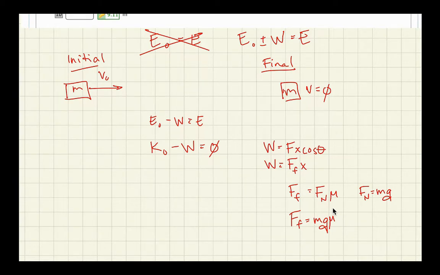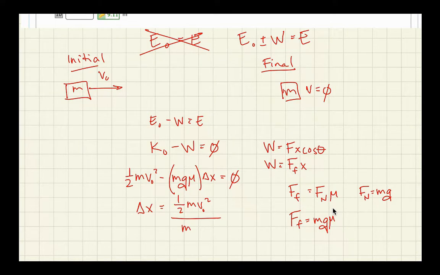Going back to my original equation, I would have 1/2 m v naught squared minus m times g times mu times delta x equals 0, which means delta x, or the displacement, is equal to 1/2 m v naught squared divided by m times g times mu.